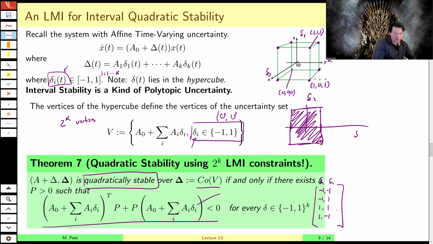Sorry, that's a bit out of order. If I'm doing this in lexicographical ordering, I should go like that. So we have 4 LMIs, 1 for each choice of delta.